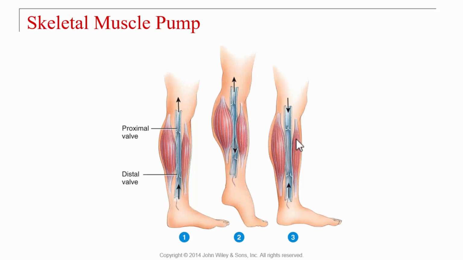Then they get up, they start moving around, that breaks the clot loose, so it goes from a thrombus to an embolus, comes up to the heart, goes through the heart, goes to the lungs, and boom, you have a pulmonary embolus. And that patient can actually die pretty quickly from a pulmonary embolus if it's large enough.